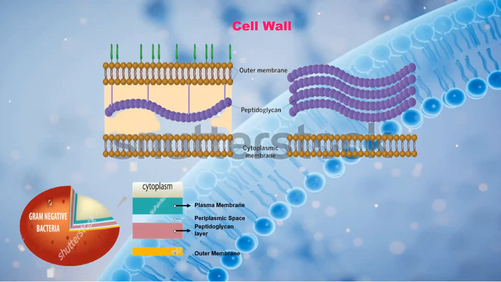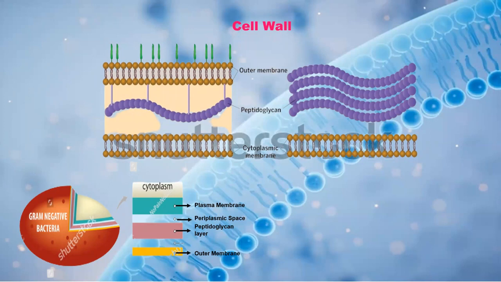Between the plasma membrane and the thin peptidoglycan layer, there is a periplasmic space. It also have an outer membrane made up of lipid, protein, and lipopolysaccharide layers.